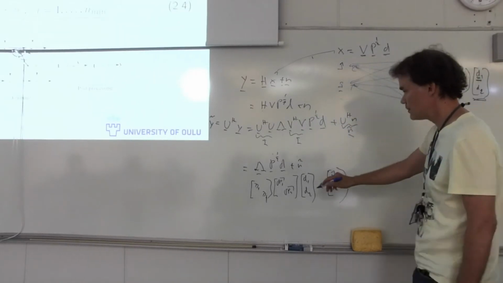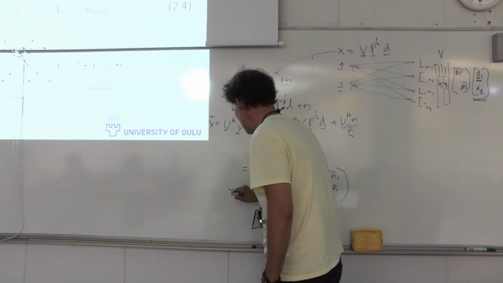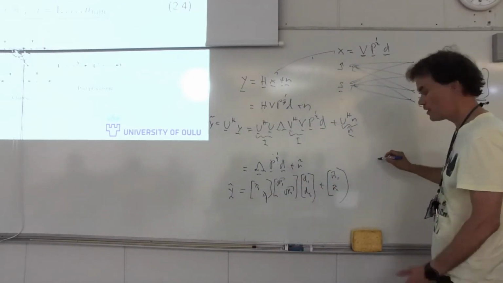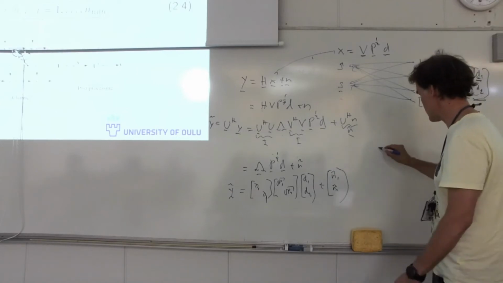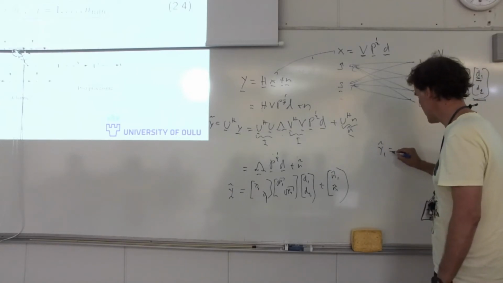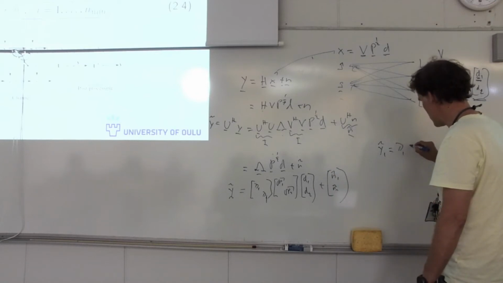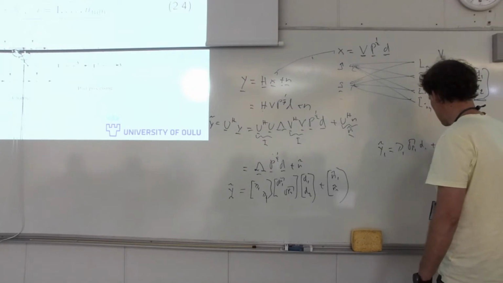This is equivalent. This is the matrix representation of a system of equations. Right? So we have y tilde 1 equals lambda 1 square root of P1 d1 plus n1 tilde.